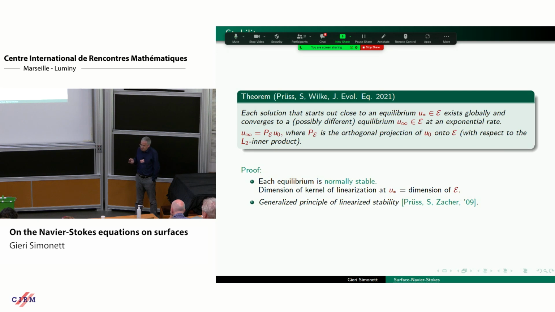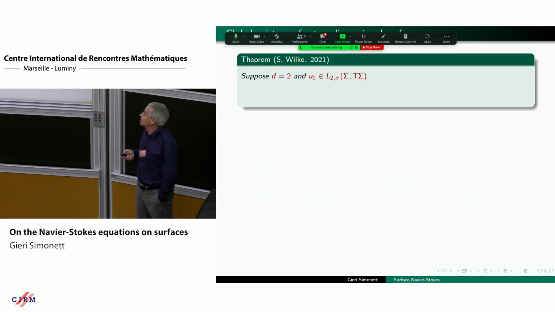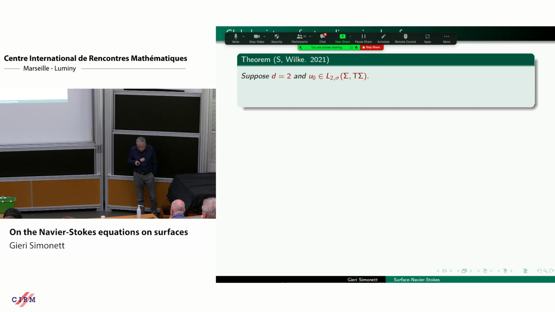So this is not unexpected. It will relax to an equilibrium if you start out close. Now let's be more specific and look at the two-dimensional, again, compact manifold without boundary. What can you say? We know that in two-dimensional Euclidean space, things are usually good, so you can expect global existence.